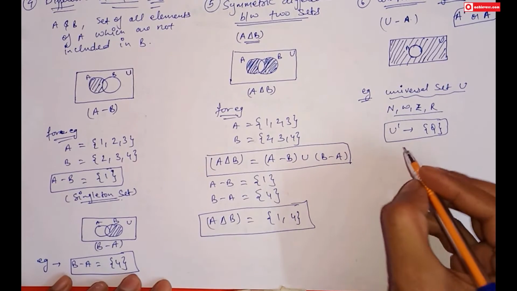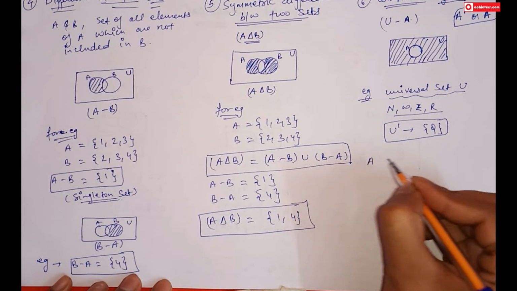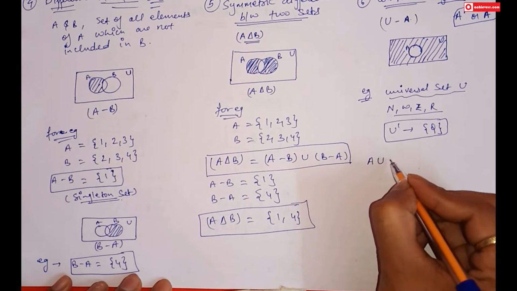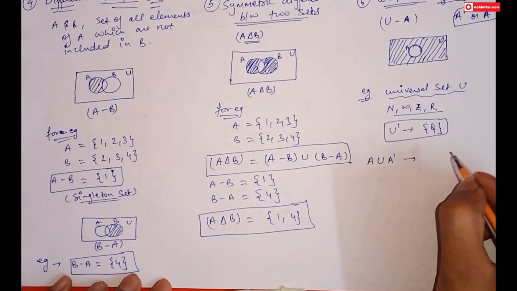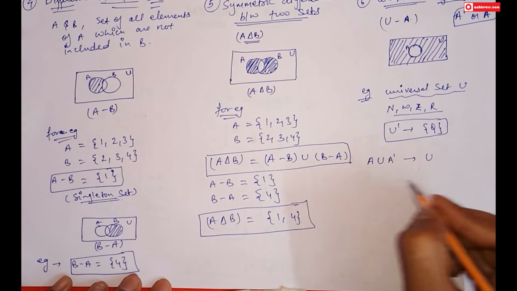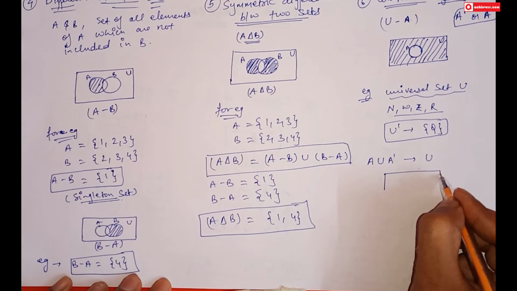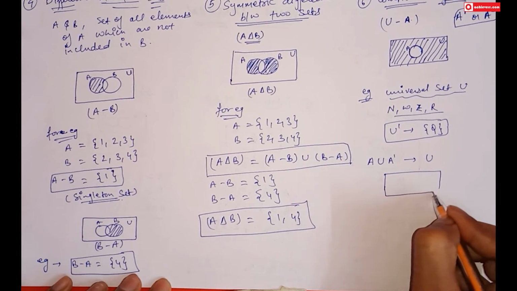Now there are a few more operations. Like we have a set A and we want the union of set A with its complement. So what will it be? It will be the universal set. We can prove this by using our Venn diagram.